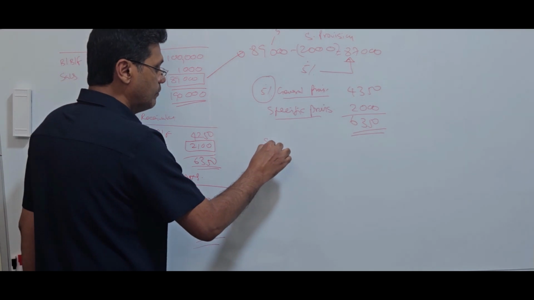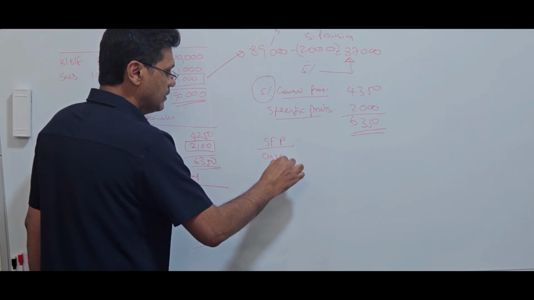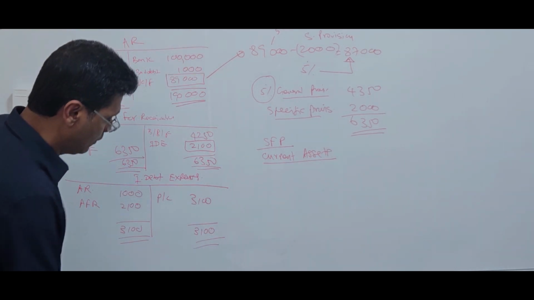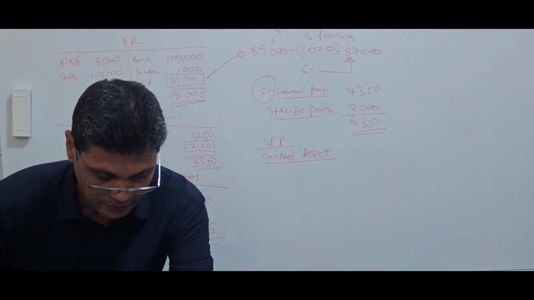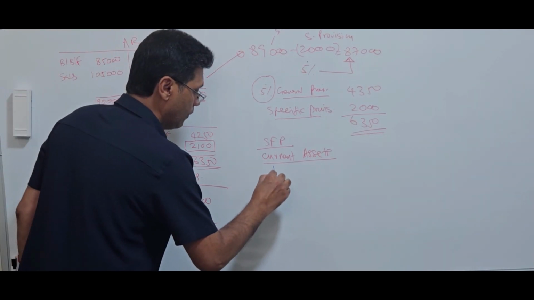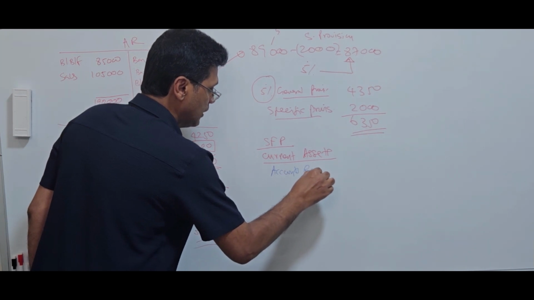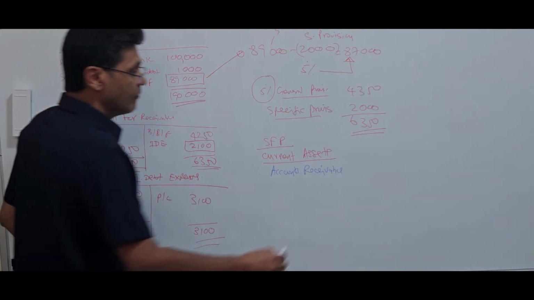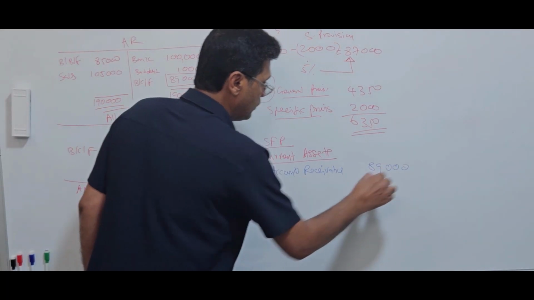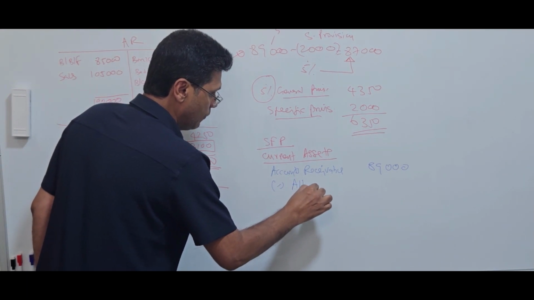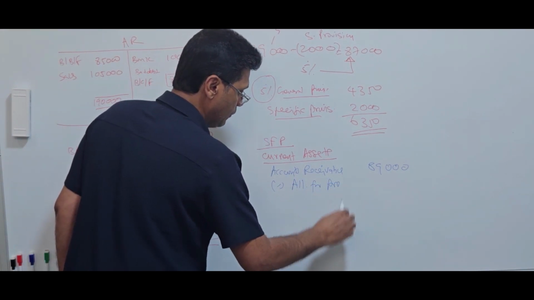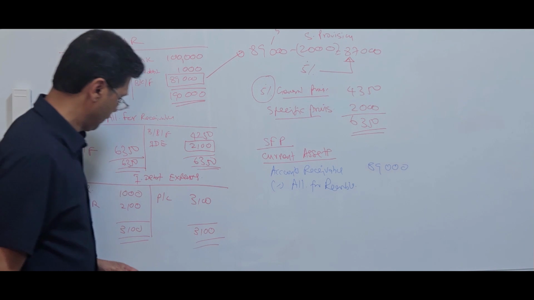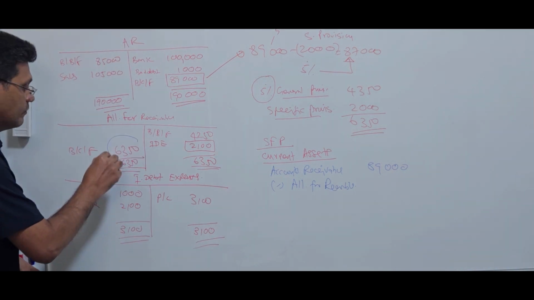So when you take the statement of financial position under current assets, okay, you will have what? Your receivable balance, how much? Your accounts receivable balance will be how much? 89,000. Okay, from 89,000 you need to deduct allowance for receivables, how much? 6,350.